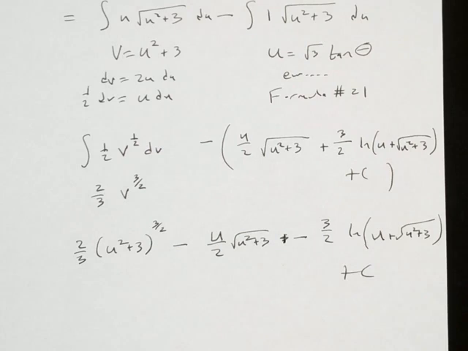I didn't have to do the trig substitution, but I had to have the formula in front of me to do it. I'm not done. What's left? I've got to go back to x.